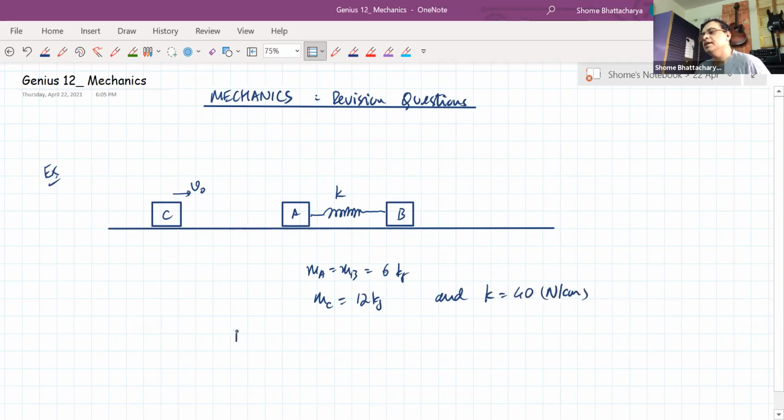Now, initially A and B are at rest, and the spring is relaxed.